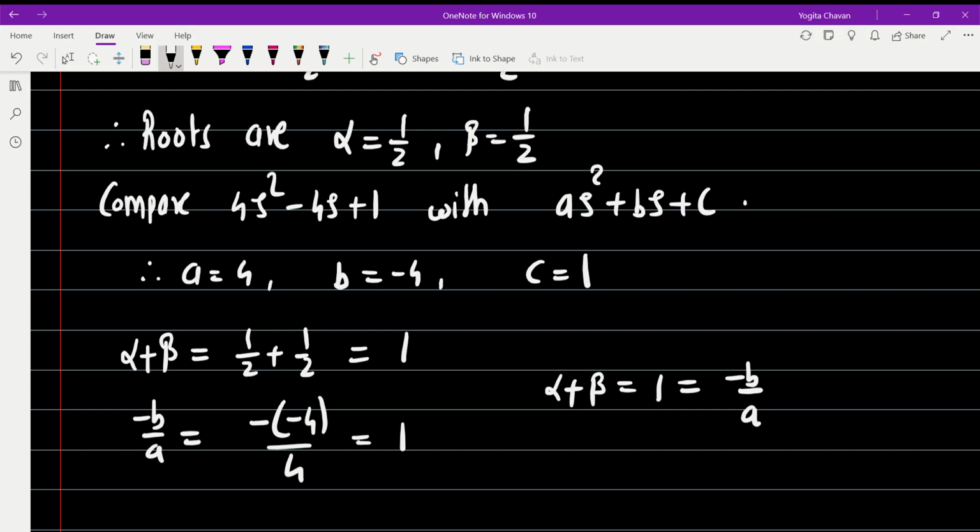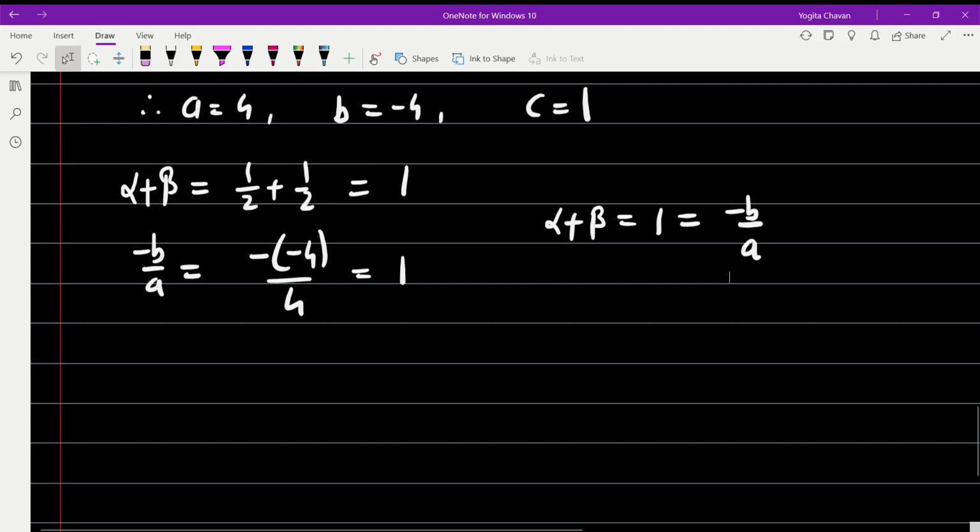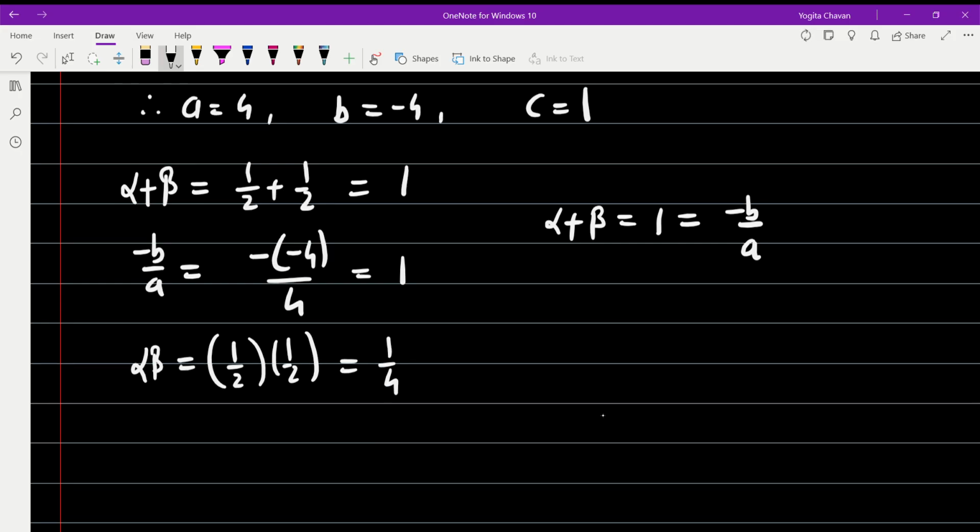Now next consider product of the zeros or product of the roots. Product of the zeros, alpha into beta is equal to 1 by 2 into 1 by 2 is equal to 1 by 4, and c by a, c means 1, a means 4.